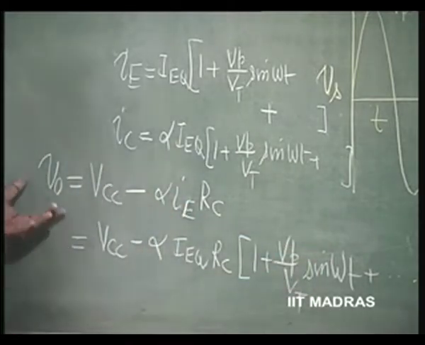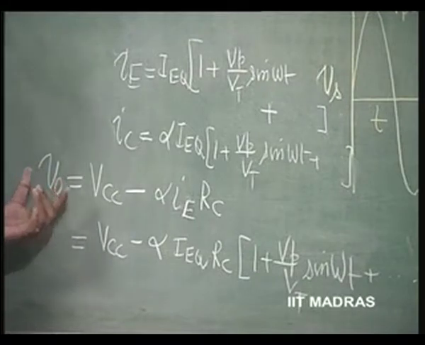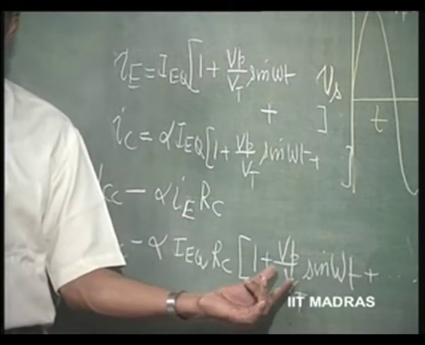So, this is the output voltage for a sine wave input which is Vp sin omega t.